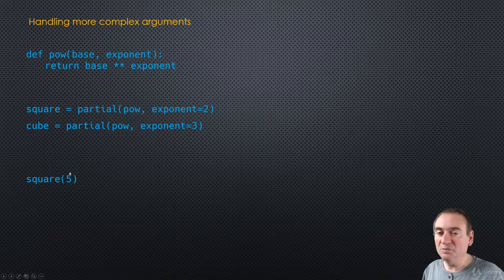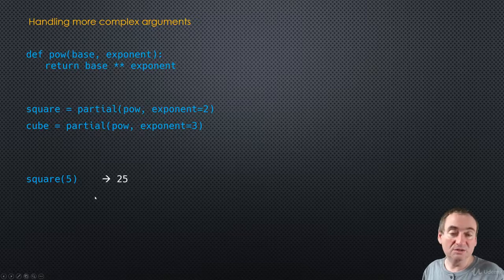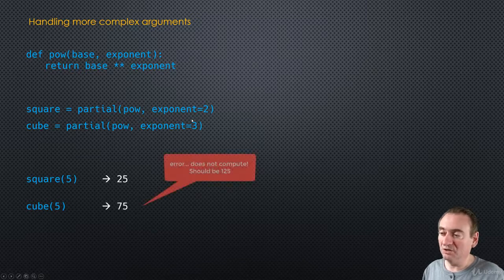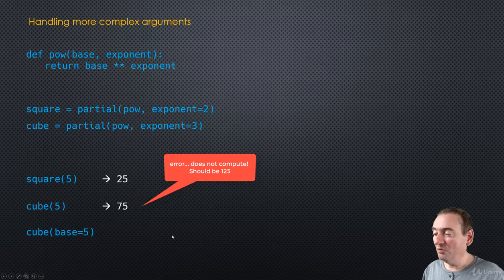We gave it 1 positional argument and 1 named argument, exponent, which is going to go into exponent here. So when we call square of 5, we actually get 25. And when we call cube of 5, we get 125, because it's basically predetermined that the exponent is going to be 3.